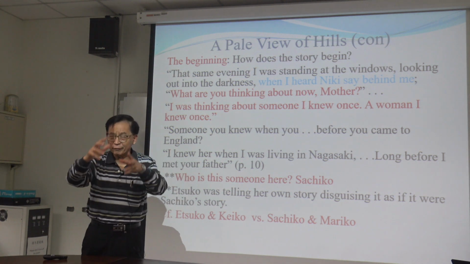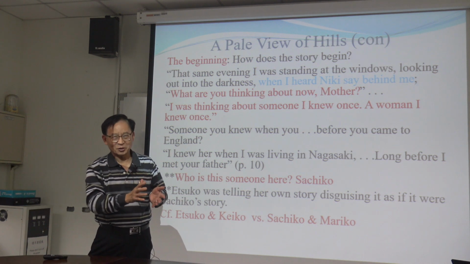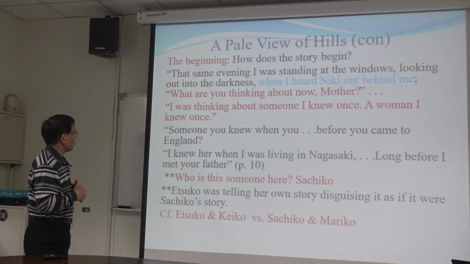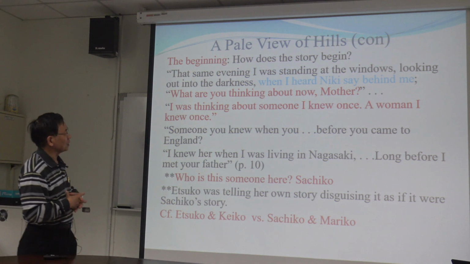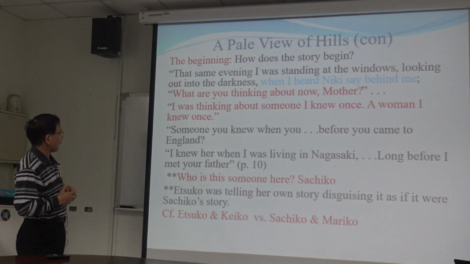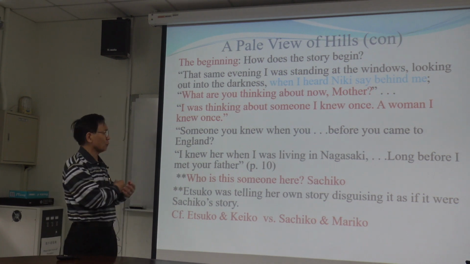She needs to invent some daughter that looks like Keiko. So in the beginning, you see the sentence, "That same evening, I was standing at the window looking out into darkness." I, of course, refers to the mother, to Etsuko.